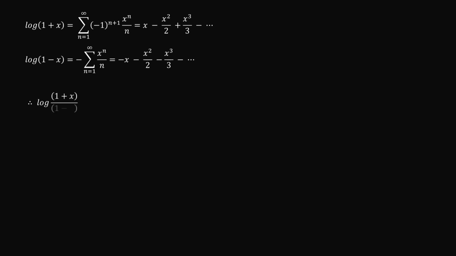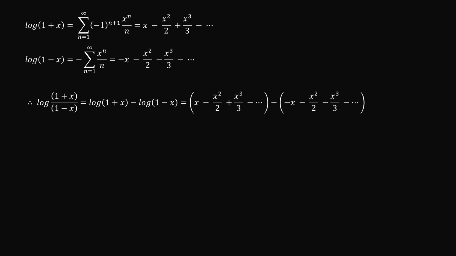So if you have the natural logarithm of 1 plus x over 1 minus x, you subtract the second value from the first value, and so you're left with 2x plus 2 x to the power 3 over 3 plus 2 x to the power 5 over 5.